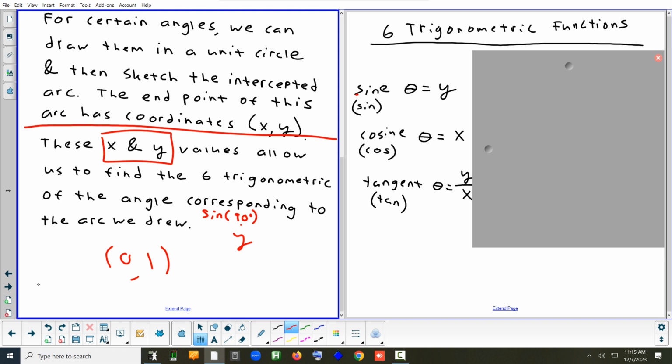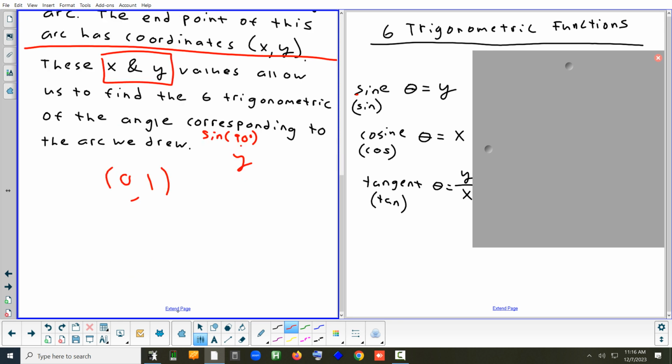But this is not for a generic circle, it's specifically for a unit circle. You can use any size circle to do trig. It doesn't matter the size circle you use. It's just if we use a unit circle, the formulas are the simplest. Any question on those three?